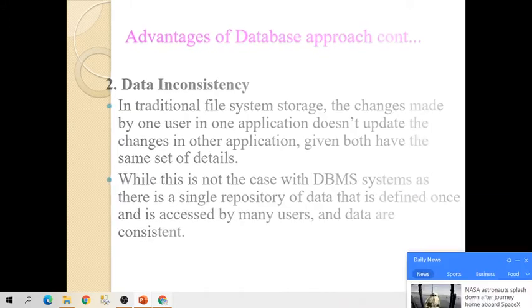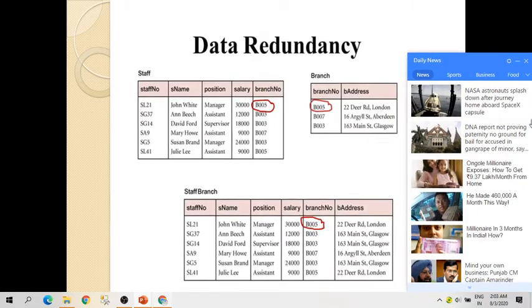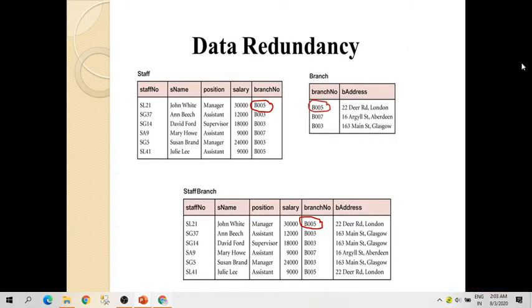See, for example, the branch number we have seen here in the staff table, in the branch table, and also in staff branch. If the updation is done in the staff table, that doesn't apply in branch.